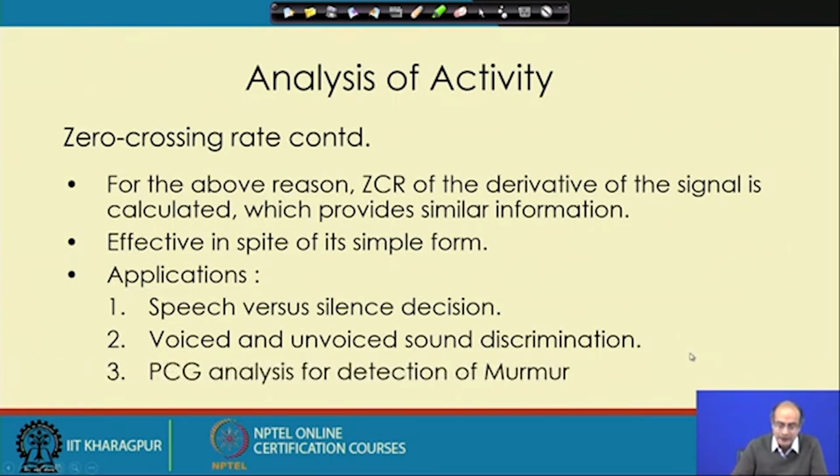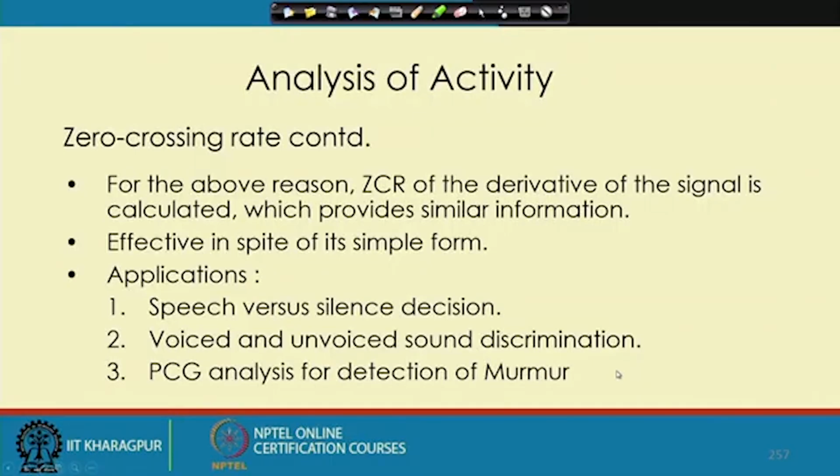Next, we can look at the PCG signal for the detection of murmur. When we have some kind of abnormality, such as stenosis in the arteries or calcification of the valves, we get changes in the PCG signal, the S1 and S2 waves.